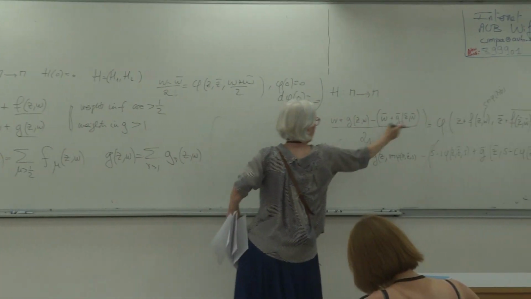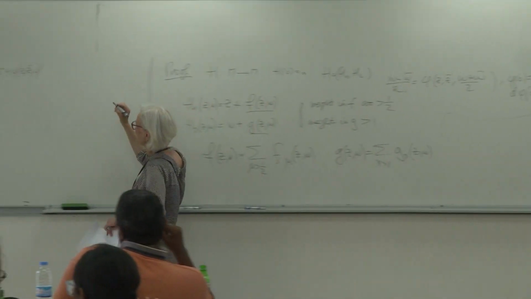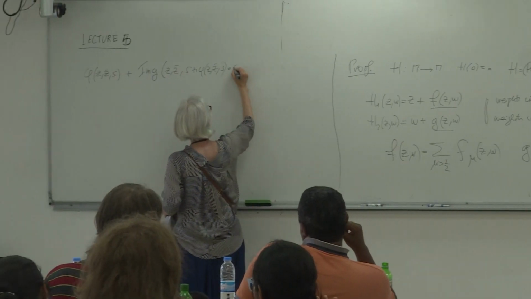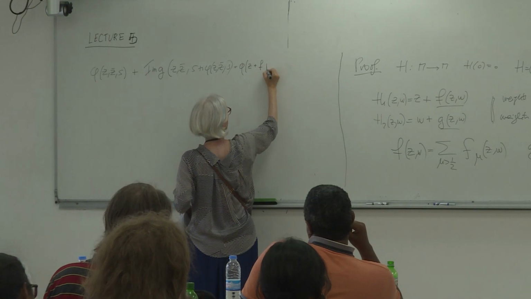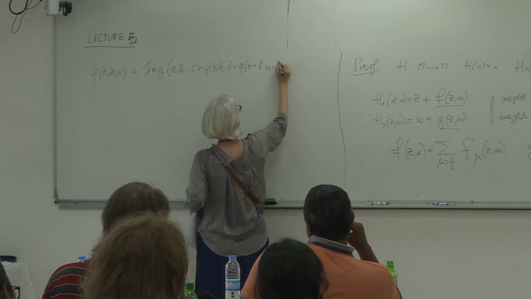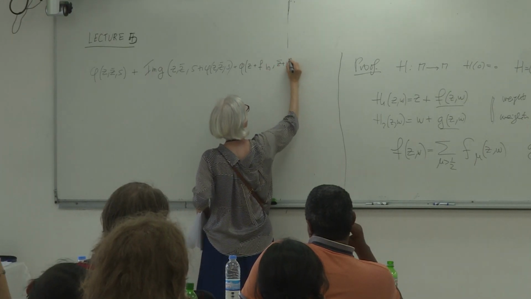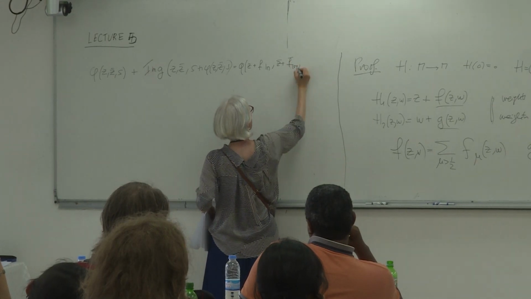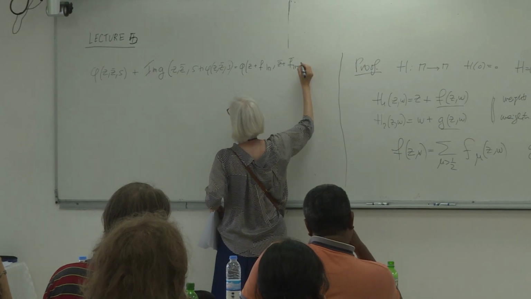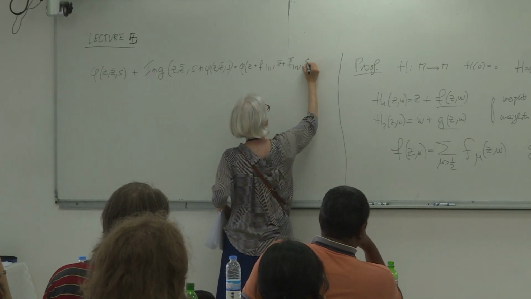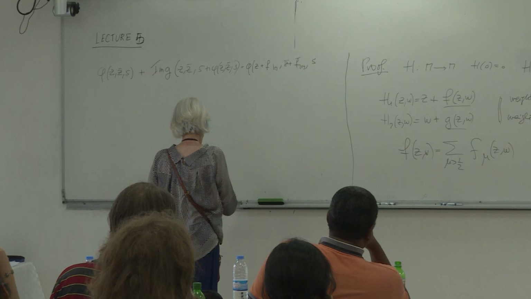It's exactly what you get here. And I will leave the right-hand side, so it's phi of Z plus F evaluated at M, Z bar plus F bar evaluated at M, and it's going to be what? It's going to be S, real part, I mean.